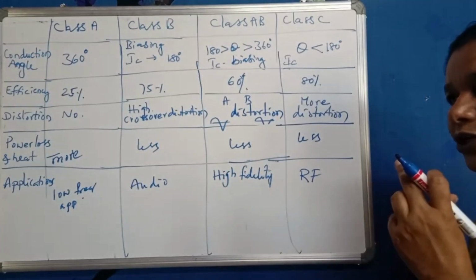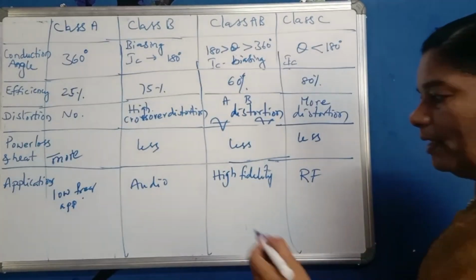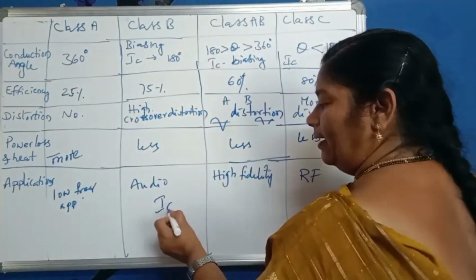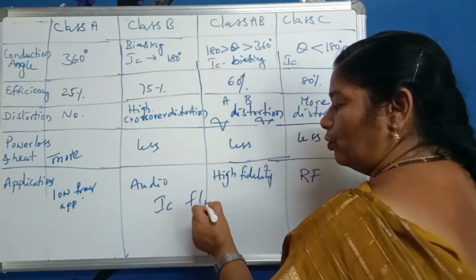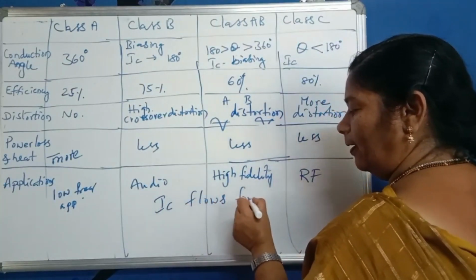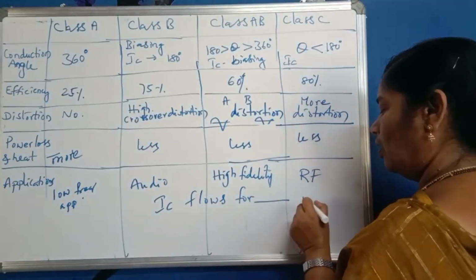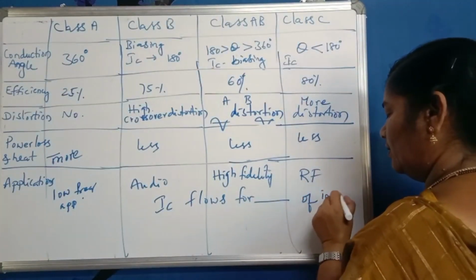Here the main point you have to note down is that the collector current IC flows for dash degrees of the input signal.